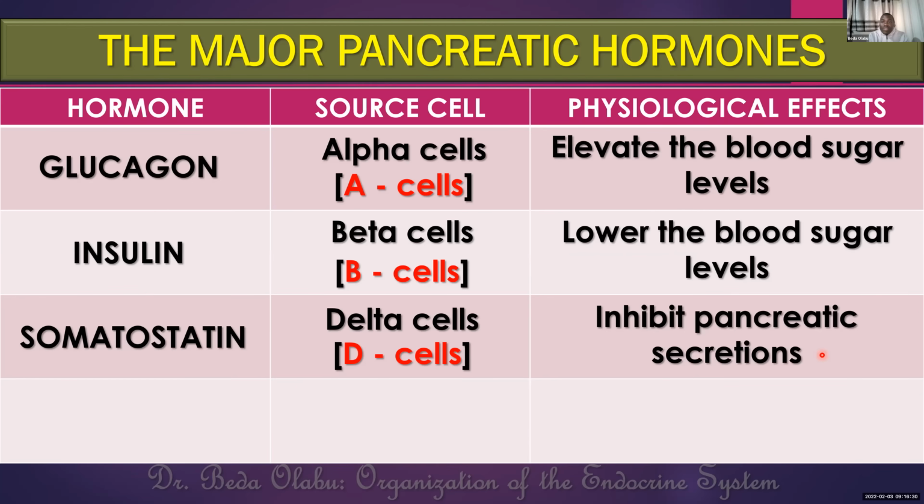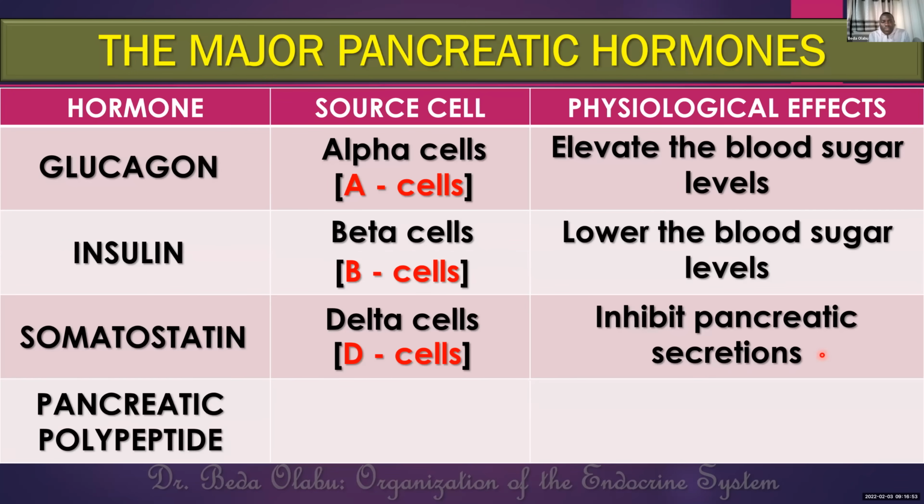Somatostatin inhibits both the pancreatic acini and the islets of Langerhans, and more of the pancreatic acini actually. It inhibits more of the secretions of the pancreatic juice, but it also has influence on the islets.